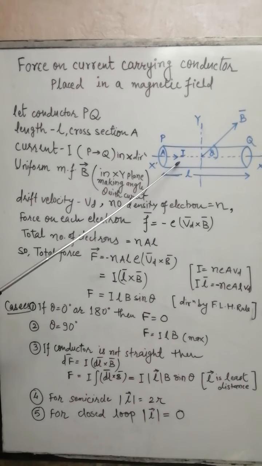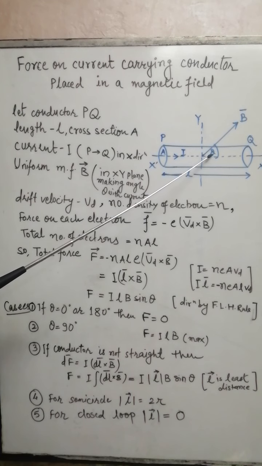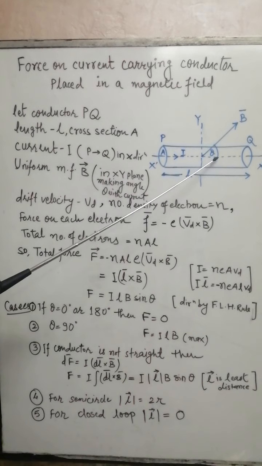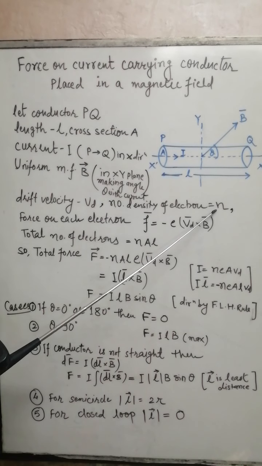This conductor is kept in a uniform magnetic field B, which is in XY plane and making an angle theta with X axis. Drift velocity of free electrons is Vd and electron density, or number density of electrons, meaning number of electrons per unit volume, is n.